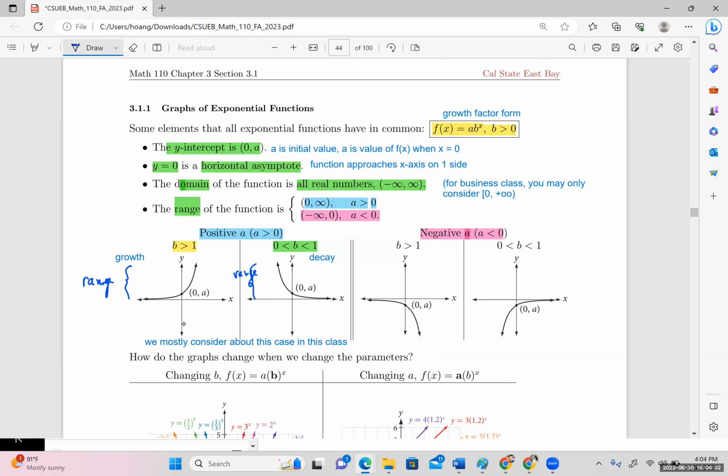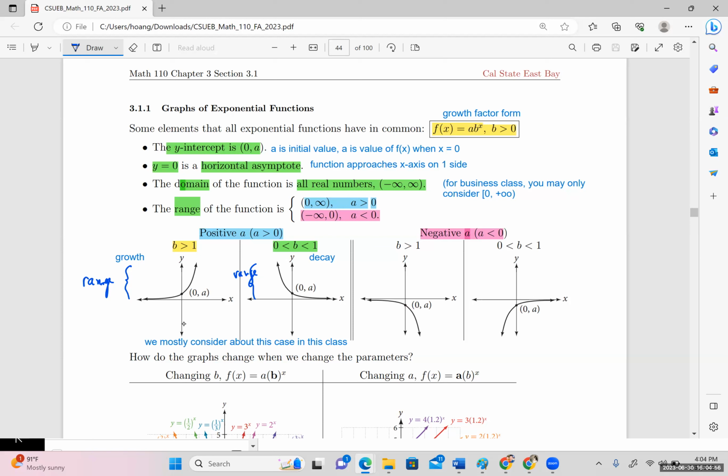If you see the range in the case of positive a is always from 0 to positive infinity, you can actually know that this is the case for our class.